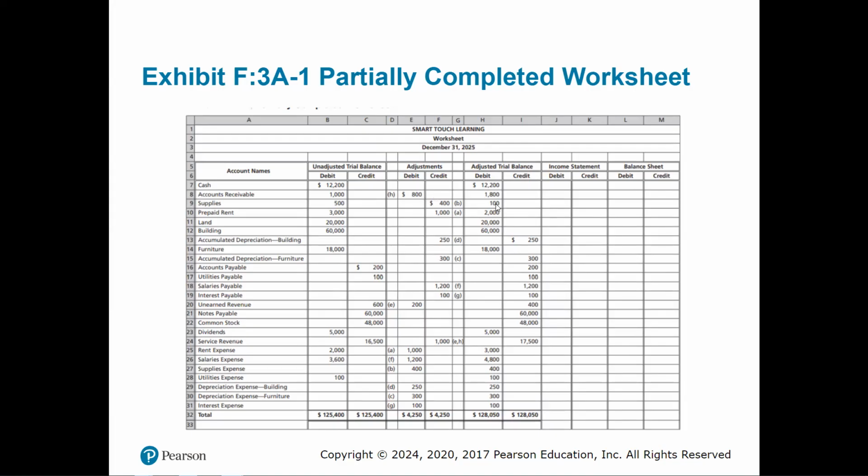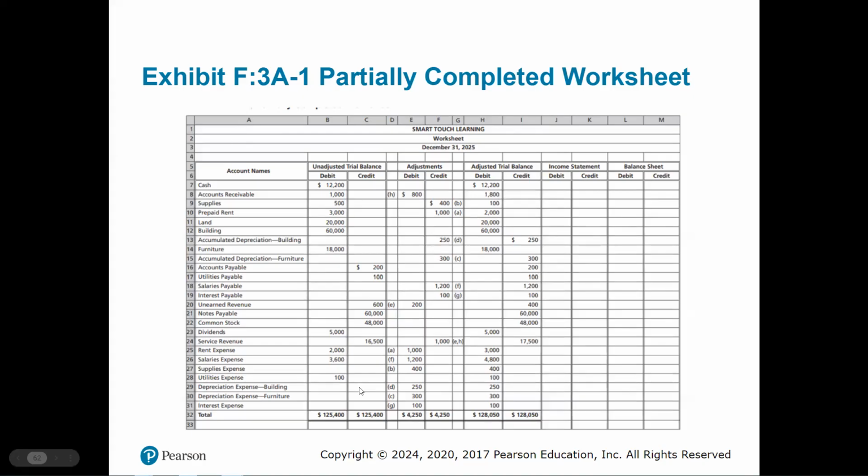Once you have all of these totaled out and carried over into your adjusted trial balance column, you can look at them and say, all right, which financial statement would this go on? Would this go on the income statement? Would this go on the balance sheet? For the income statement, that's super easy because we know that nothing on our balance sheet is going to transfer over onto that income statement. We only need to look at the revenues and expenses.